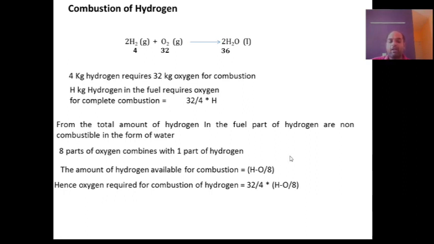Okay, so if you know how much oxygen is present, that can be subtracted from the total oxygen required for hydrogen, and that will give you an accurate estimation of how much external oxygen is required for combusting hydrogen. So that is equal to 32 by 4 into hydrogen minus oxygen by 8.